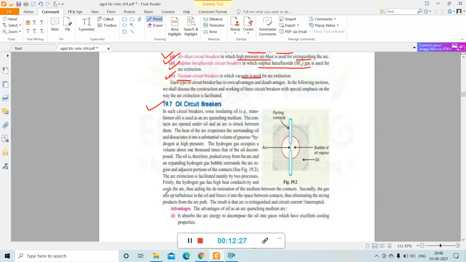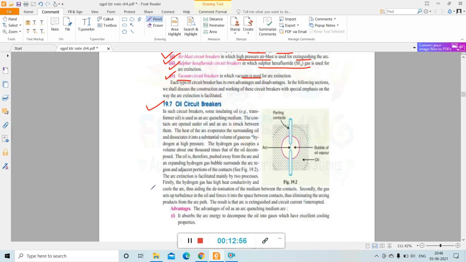The arc extinction is facilitated mainly by two processes. First, the hydrogen gas has high heat conductivity and cools the arc, thus aiding the deionization of the medium between the contacts. And secondly, the gas sets up turbulence in the oil and forces it into the space between the contacts, thus eliminating the arcing products from the arc path.